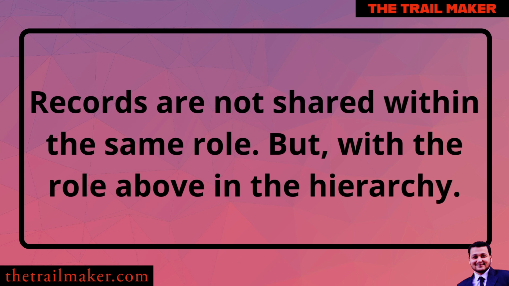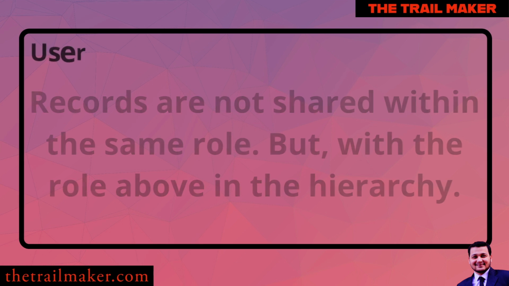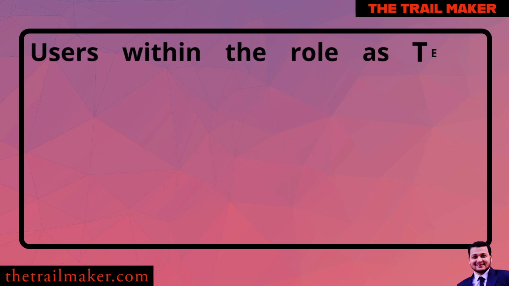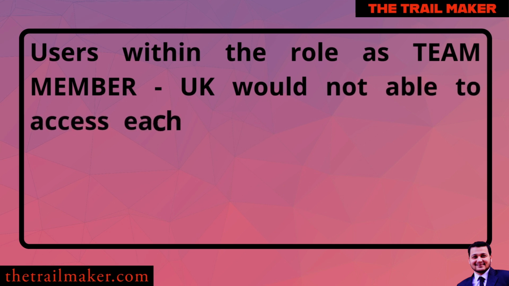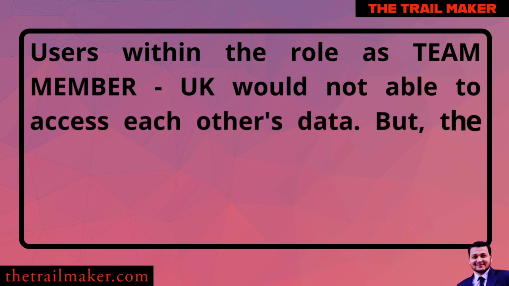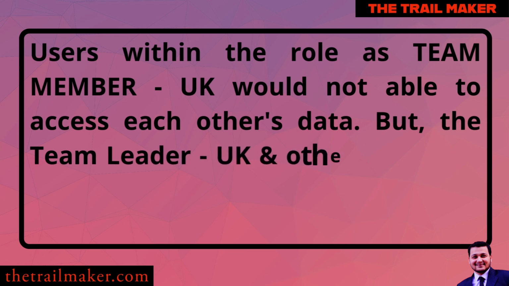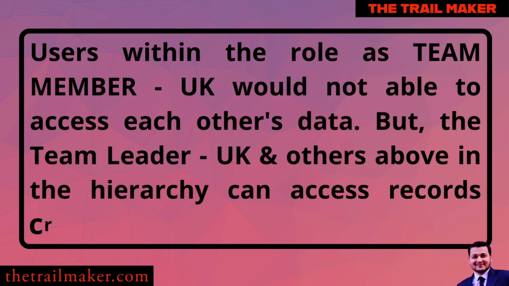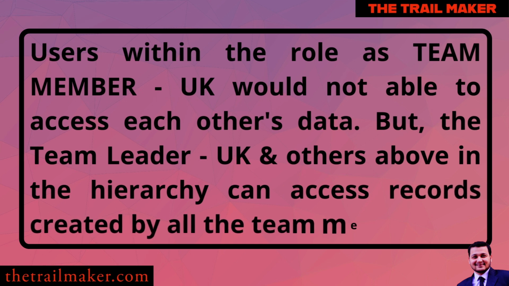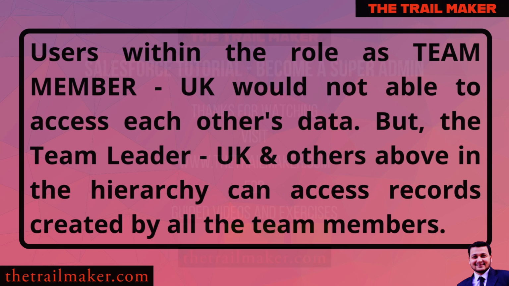If there are 10 team members and the OWD is private and you are granting access using hierarchies on that particular object, then those team members will not have access to each other's data, but the team lead would have access to the records created by each of those 10 team members, and similarly the sales director would have access to the records created by the team lead and those 10 team members. I hope it's clear to you.